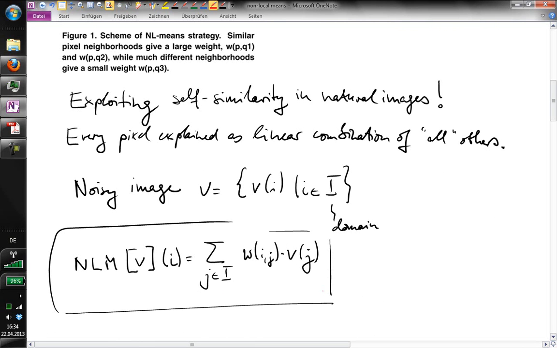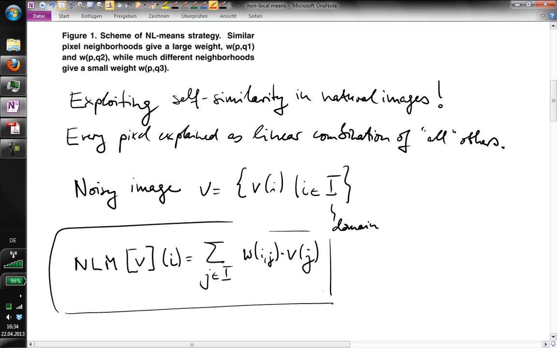Now, to do this in practice, some speed up is needed, so I don't really consider all patches, or I use an implementation using the FFT to make computations faster. But I didn't want to talk about speed ups here. I wanted just to explain the principle.